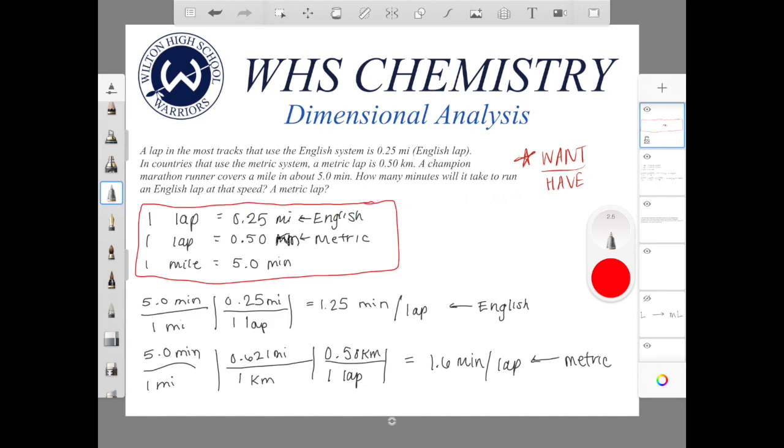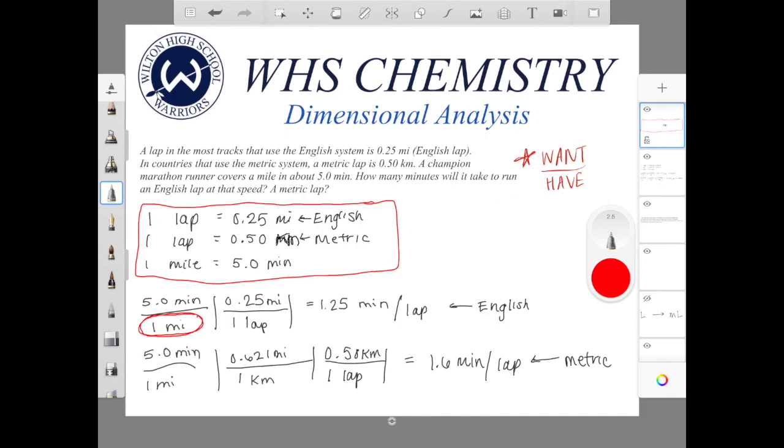We've always been saying it's what you want over what you have, but it can also be what you have over what you want, depending on the problem, as long as your units cancel out. In this problem, it's going to be what you have over what you want because our starting unit is on the bottom.